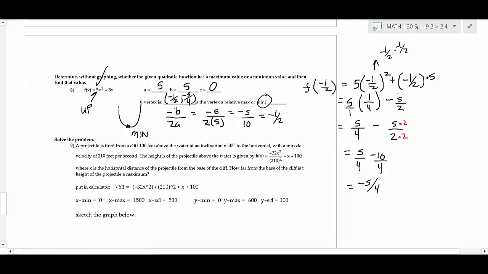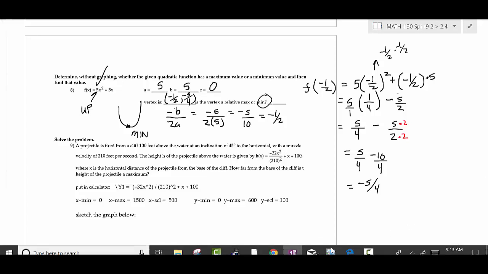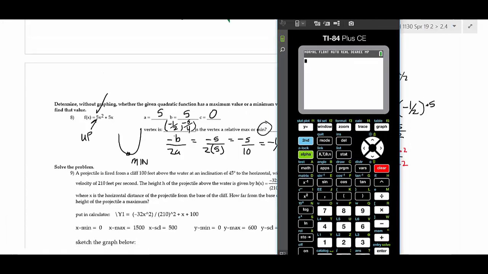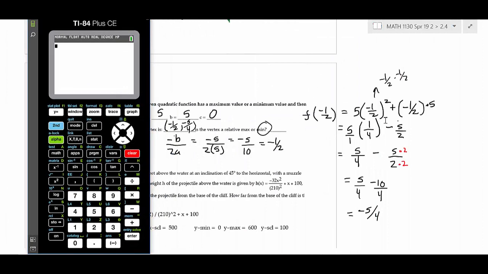You want to know how to do fractions by hand, but you can do this on your graphing calculator. I'm going to show this to you one more time because it sure is nice to know how to do a lot of stuff with your calculator to check and verify. I could go 5 times negative 0.5 squared, replacing the 1/2 with negative 0.5, and then plus 5 times negative 0.5.